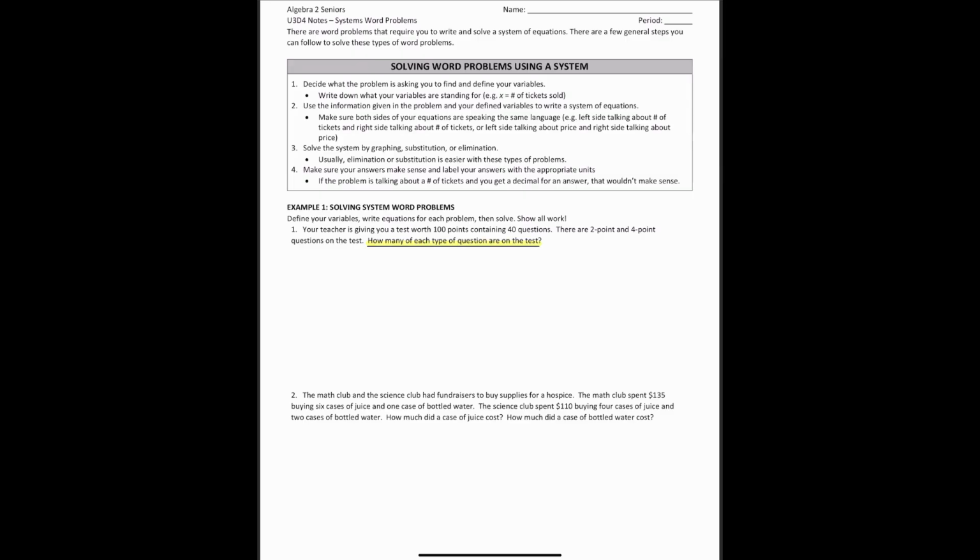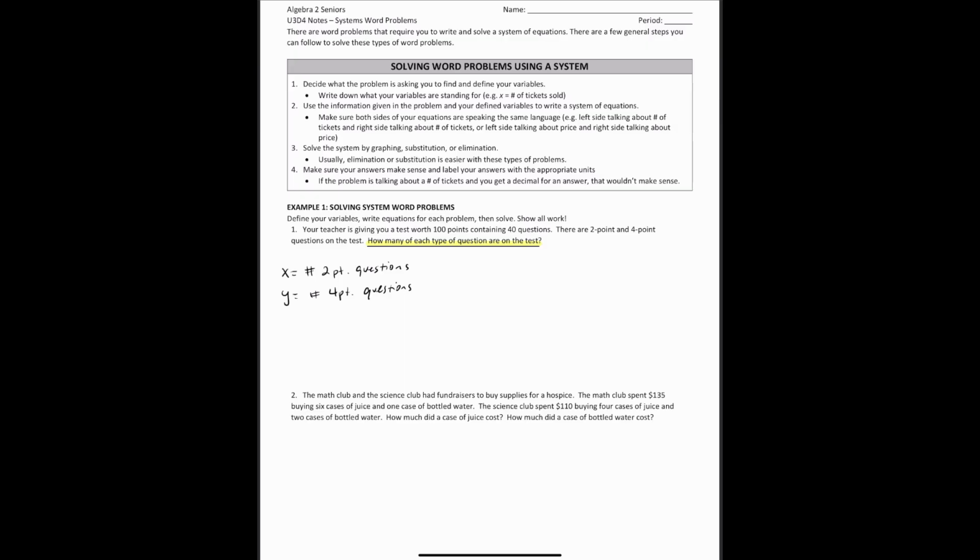Now, what I like to do first is define my variables. We're going to let X represent the number of 2-point questions. And we're going to let Y represent the number of 4-point questions. Now, after you define your variables, what we're going to do next is determine the total numbers, meaning that we need to look at the first and second largest numbers stated in this problem.